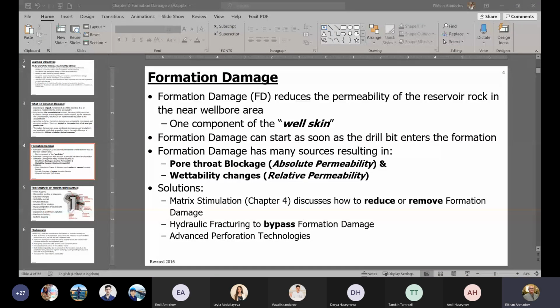Okay. So last time we started with deformation damage, and we learned what deformation damage is as one component of well skin.